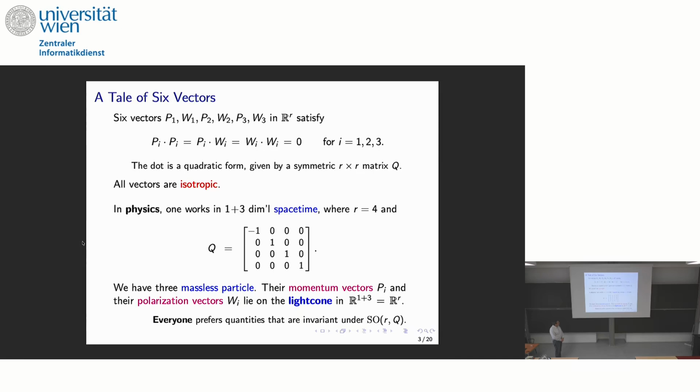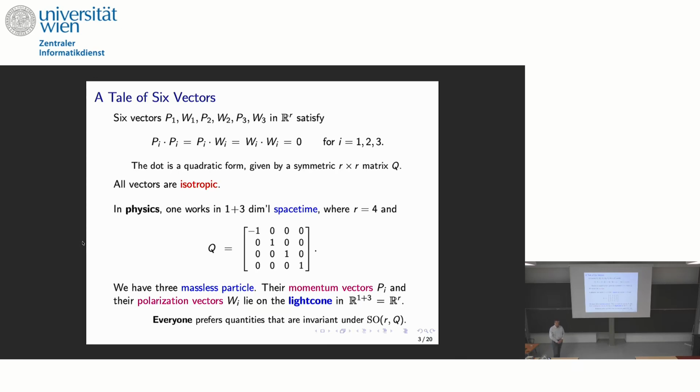Now in physics, we're going to have space-time again. If it's 4-dimensional, so in 1 plus 3-dimensional space-time, then the quadratic form would be given by the diagonal matrix with minus 1 and then all ones on the diagonal. And these 3 pairs of vectors represent 3 massless particles.